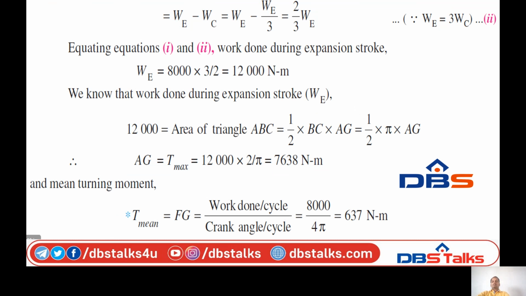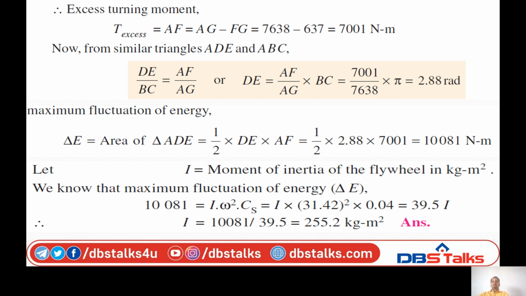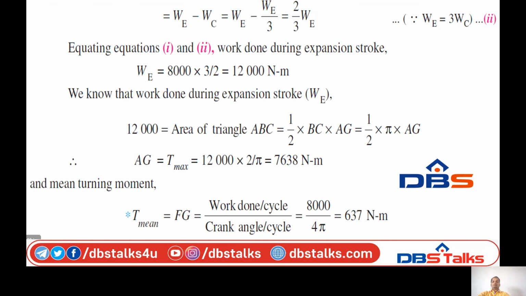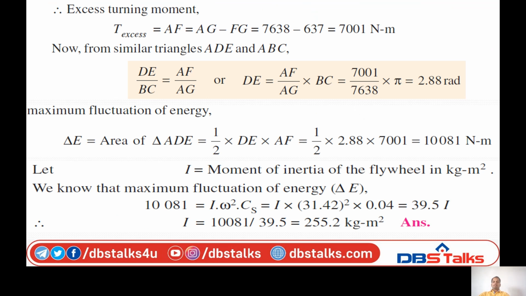Now what is the excess? The excess torque is AF, so AG minus FG, that is 7638 minus 637, that is 7001 Newton meter.